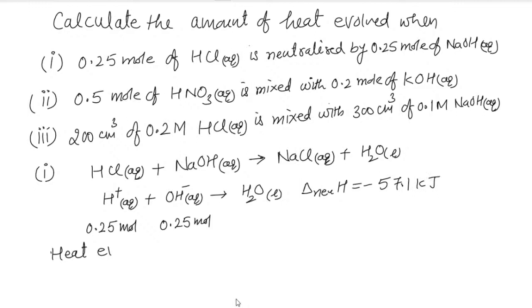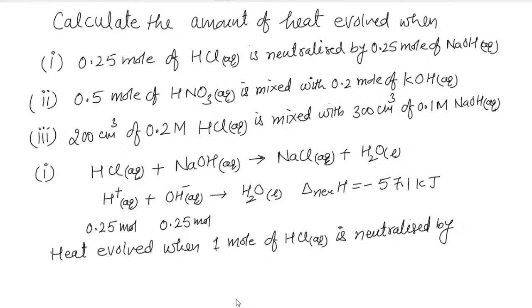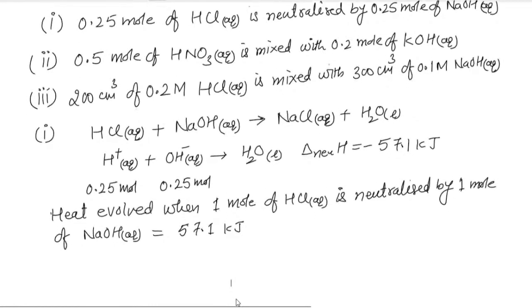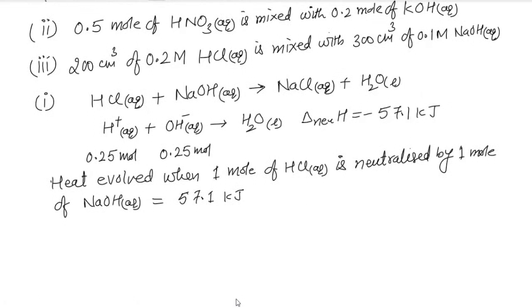So that means the heat evolved when 1 mole, or 1 gram equivalent, or here 1 mole is the same because acidity is 1, when 1 mole of HCl is neutralized by 1 mole of NaOH aqueous, its value is 57.1 kilojoule, right? Because we will write in terms of heat evolved.